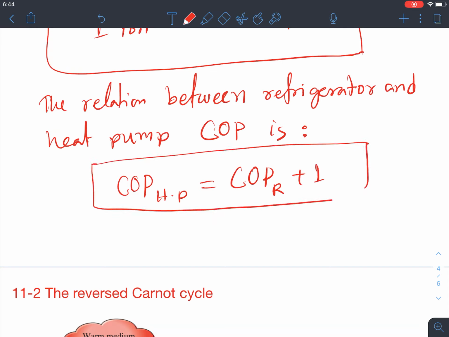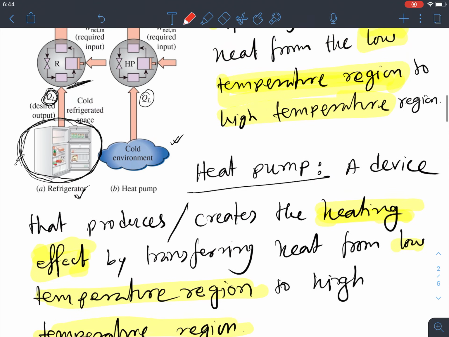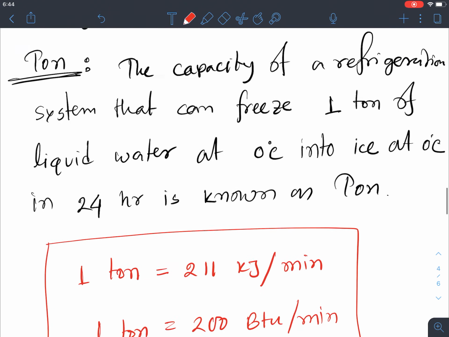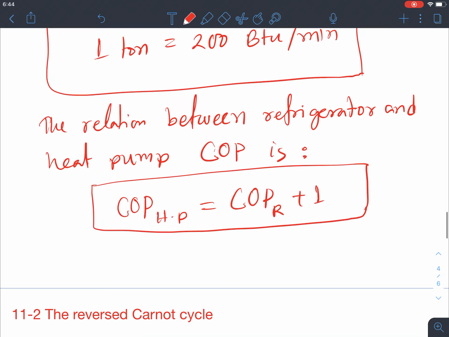So from this relationship we can see that if QH and QL are constant for both of them, then basically we can say that the COP of the heat pump is greater than the COP of the refrigerator.